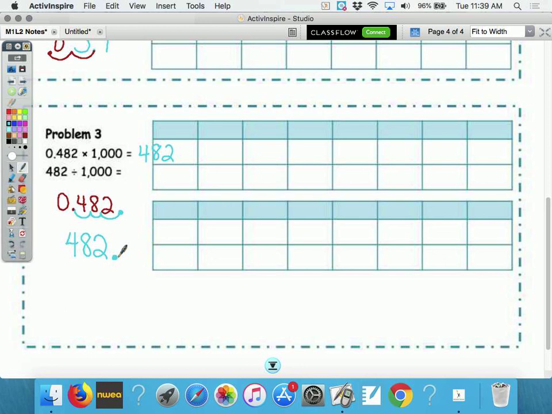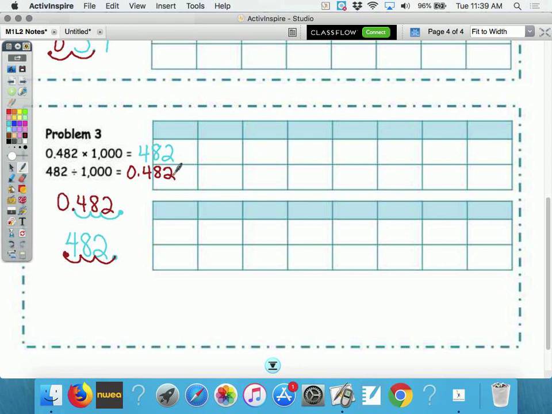So now we've got 482. Where's the decimal in that number? Right after the 2. And we're dividing by 1,000. Decimal trick says when I divide, move the decimal to the left. So 1, 2, 3. How many of you knew we were going to be right back where we started? How do you say that number?